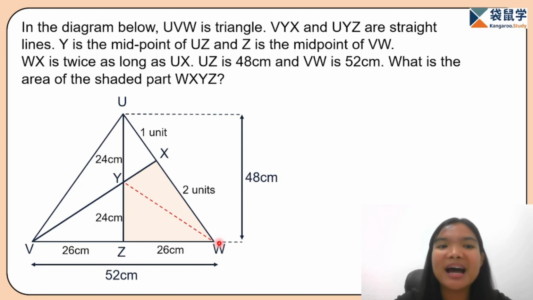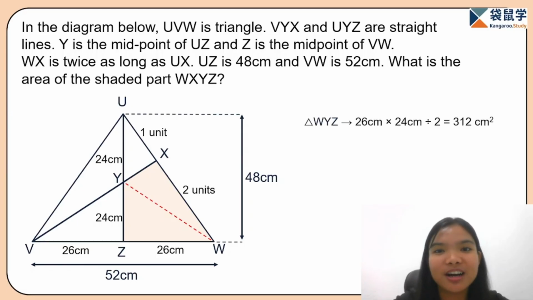We can use YZ for the height, which is 24 centimeters, since here we can see that YZ is the vertical line from the highest point of the triangle, which is point Y, down to the base that forms a right angle. So computing for the area of the triangle WYZ, we get 26 times 24 divided by 2. That gives us 312 square centimeters.